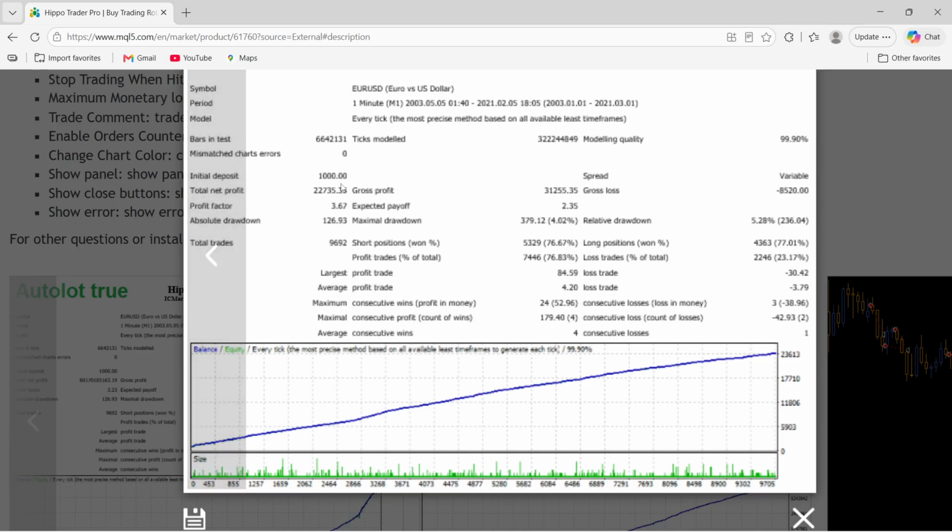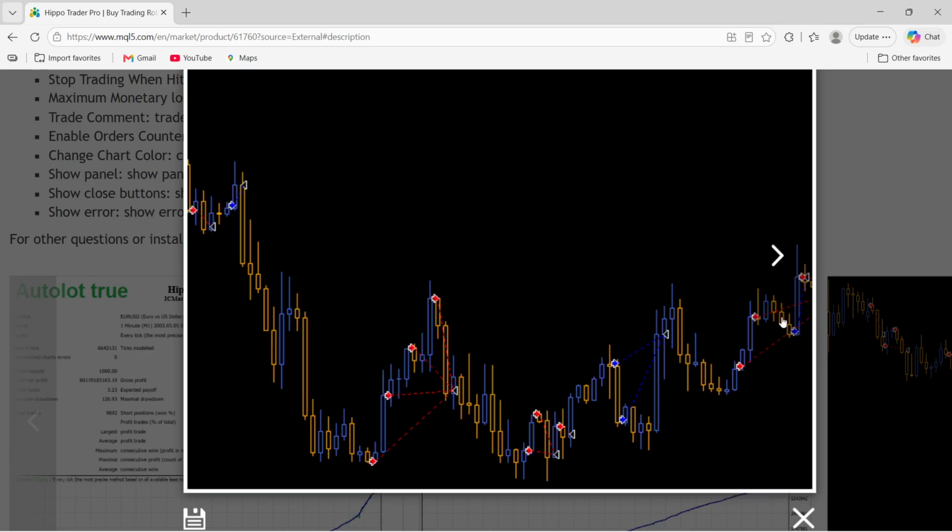For the initial deposit of $1,000, the net profit was $22,735. The profit factor was 3.67, and the maximal drawdown was 4.02%.